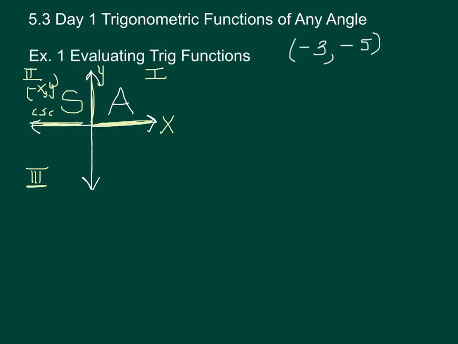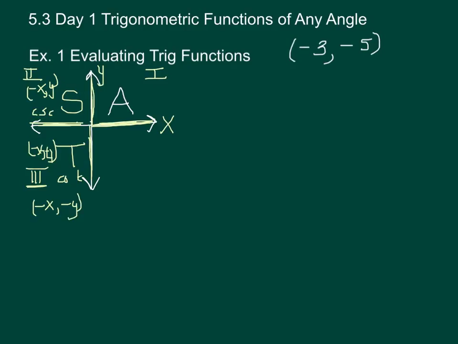In quadrant 3, the x's are negative and the y's are negative. And that would be T for tangent and cotangent. So both are negative. Let me write it down here.